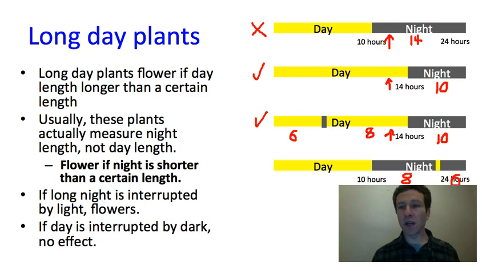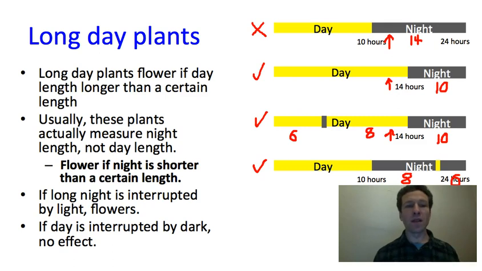Both of these night times are shorter than the 12-hour threshold. That means that these plants would go ahead and flower. So it's breaking up the night that made the difference, not breaking up the day. And this is our evidence that long day plants, at least many of them, are monitoring the nighttime.